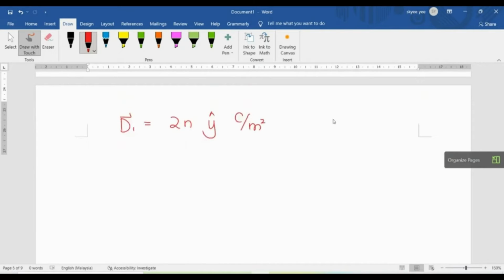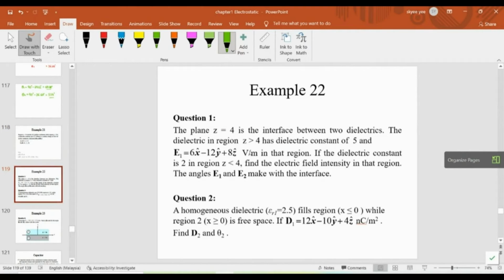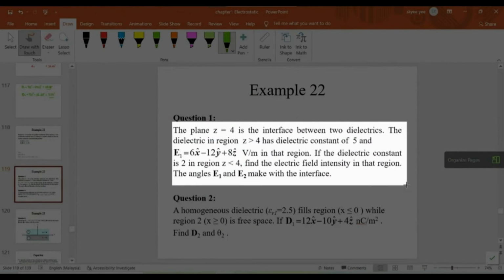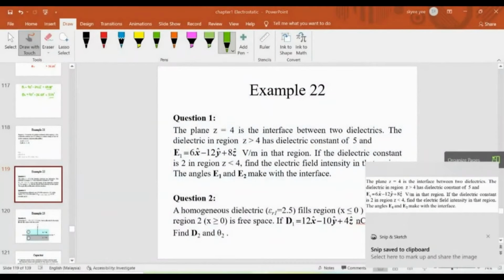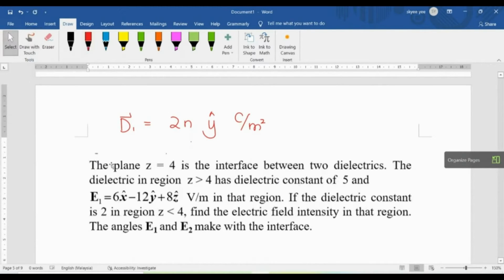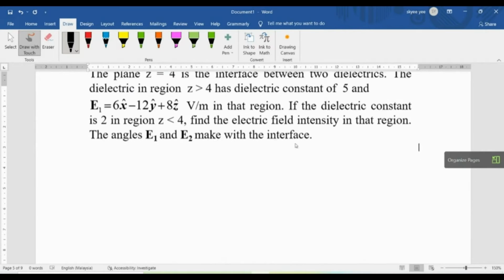Alright, so we move on to the next question. Example 222. Now we have a plane Z equals 4, and this plane is the interface between two dielectrics.